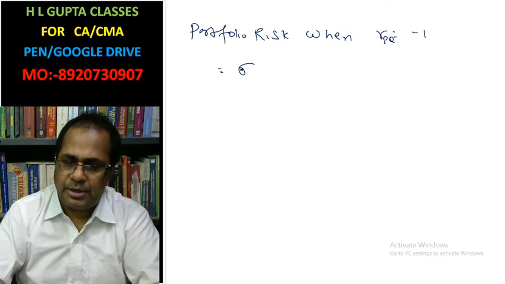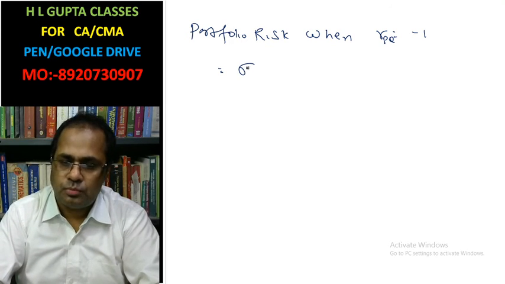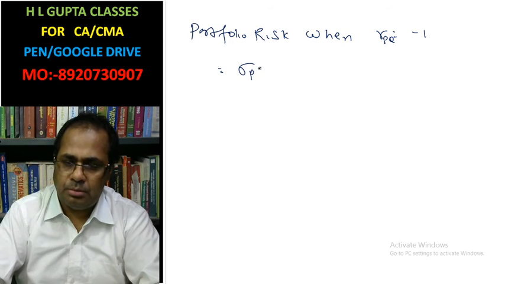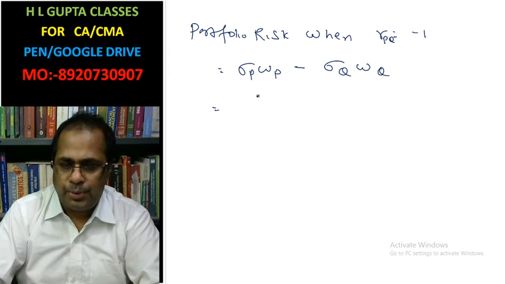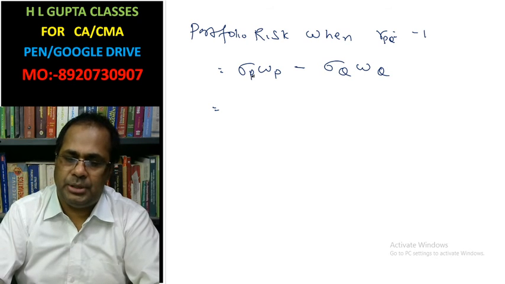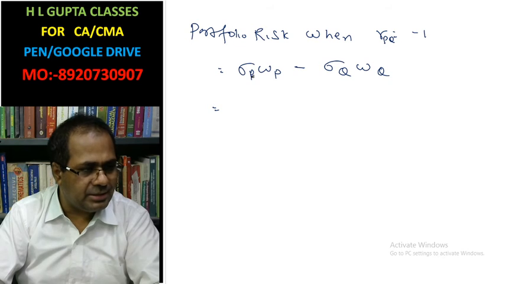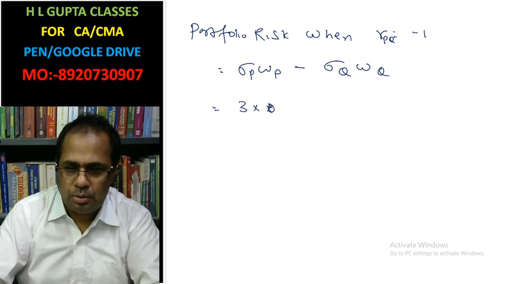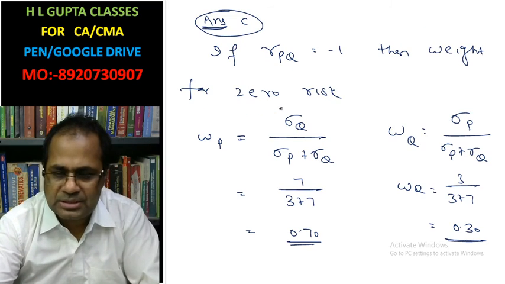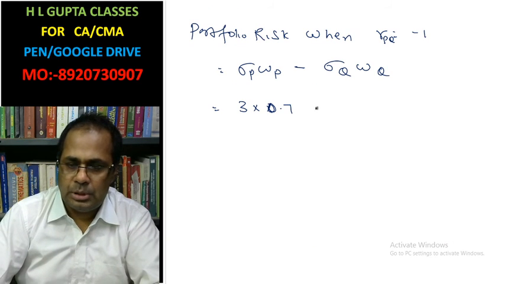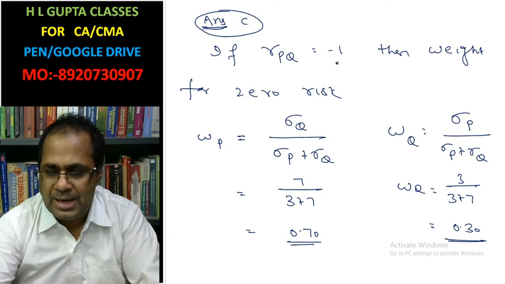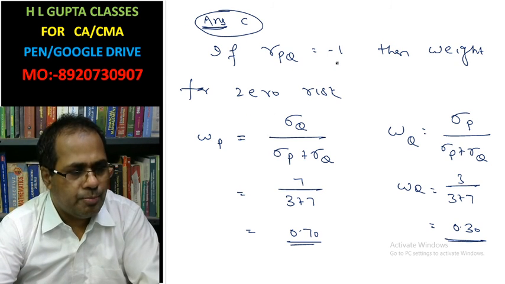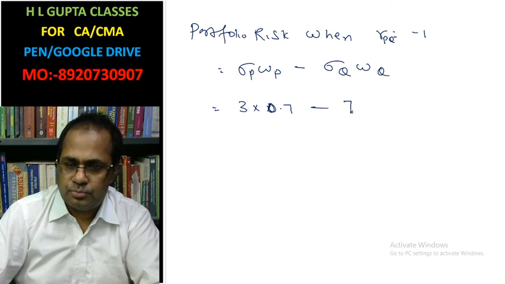In this case, it is standard deviation P times weight P minus standard deviation Q times weight Q. Standard deviation P is 3%, weight of P is 0.7, minus standard deviation Q is 7%, weight of Q is 0.30.